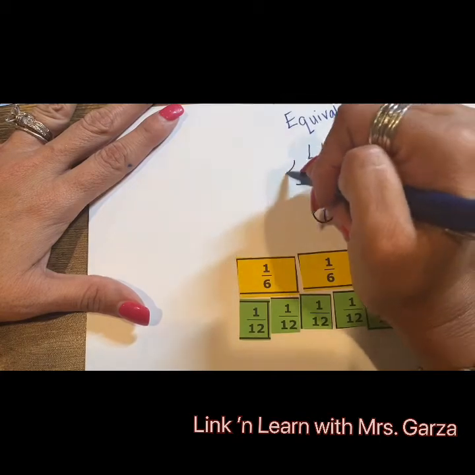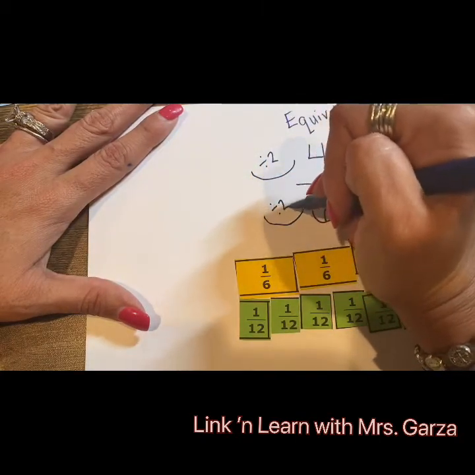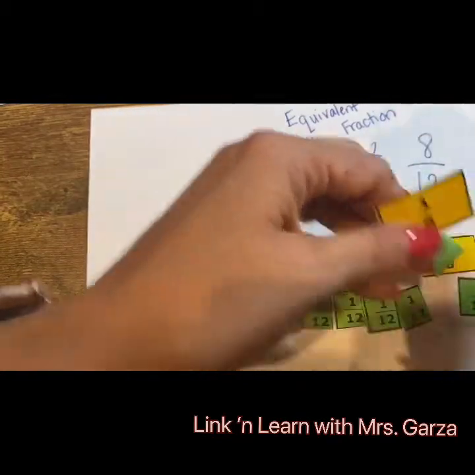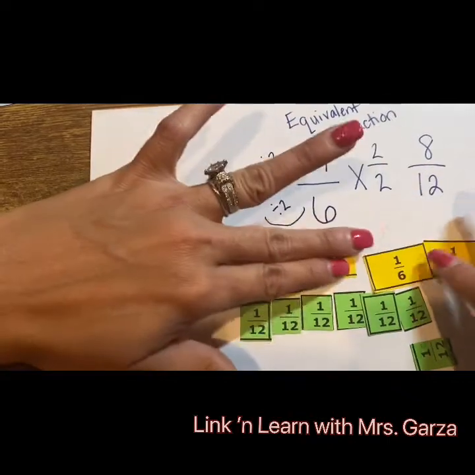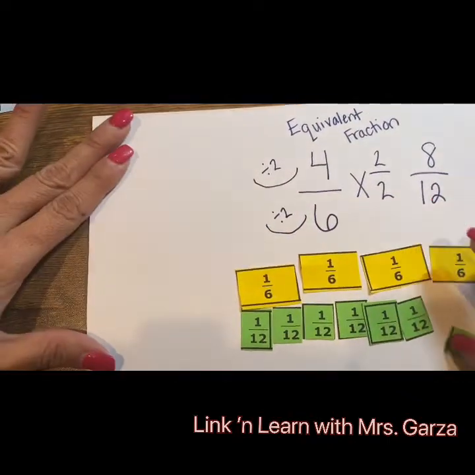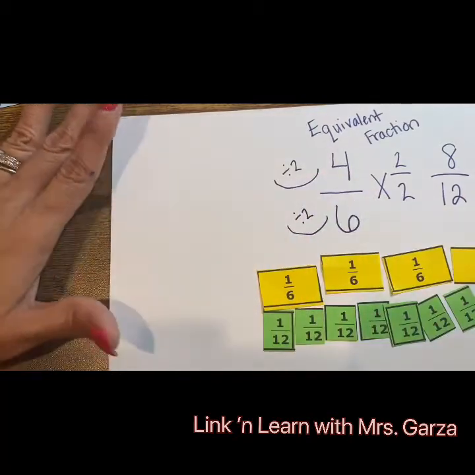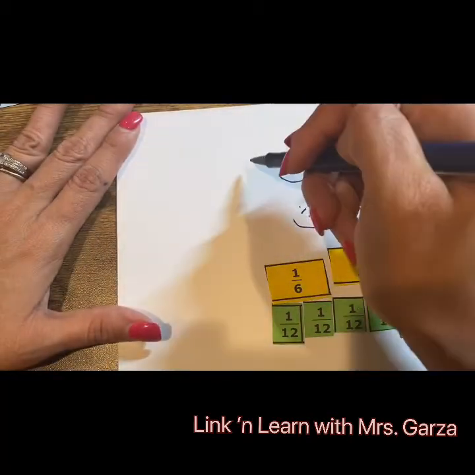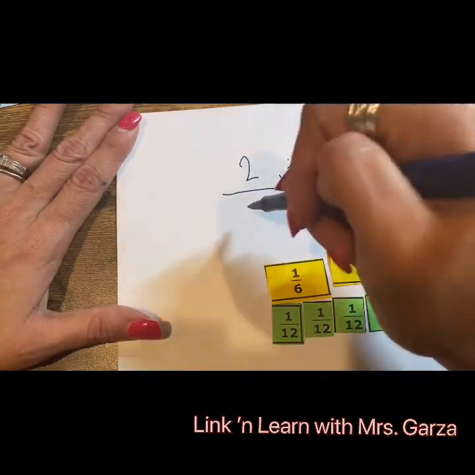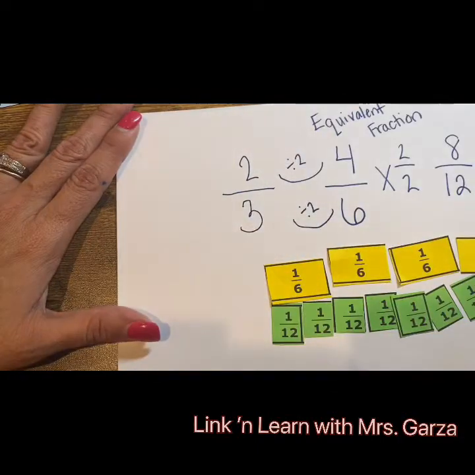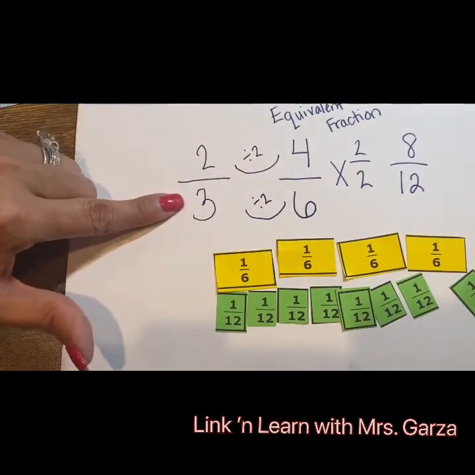So I'm going to put division by 2, divide by 2. Forgot that this is not taped on. It's okay. 4 divided by 2 would give me 2. 6 divided by 2 would give me 3. So another equivalent fraction for 4/6 is also 2/3.